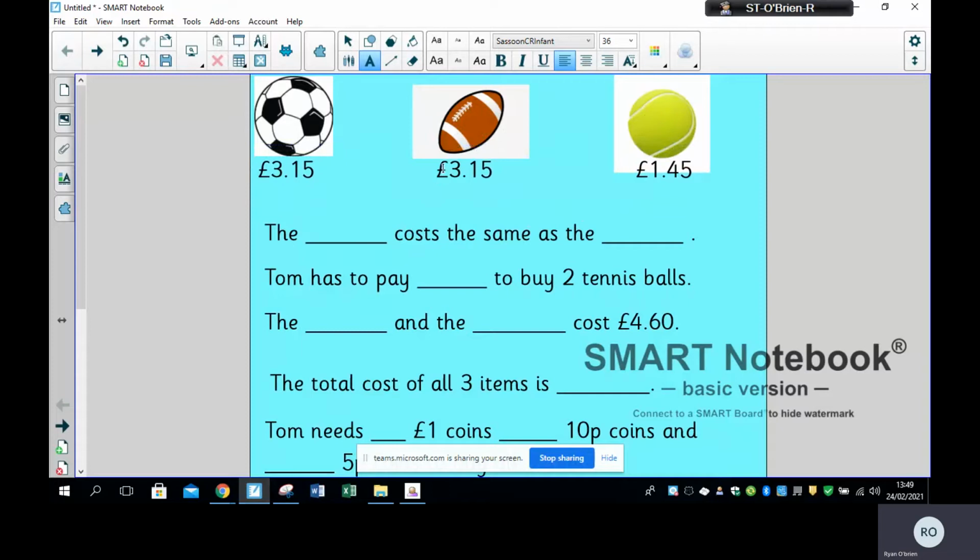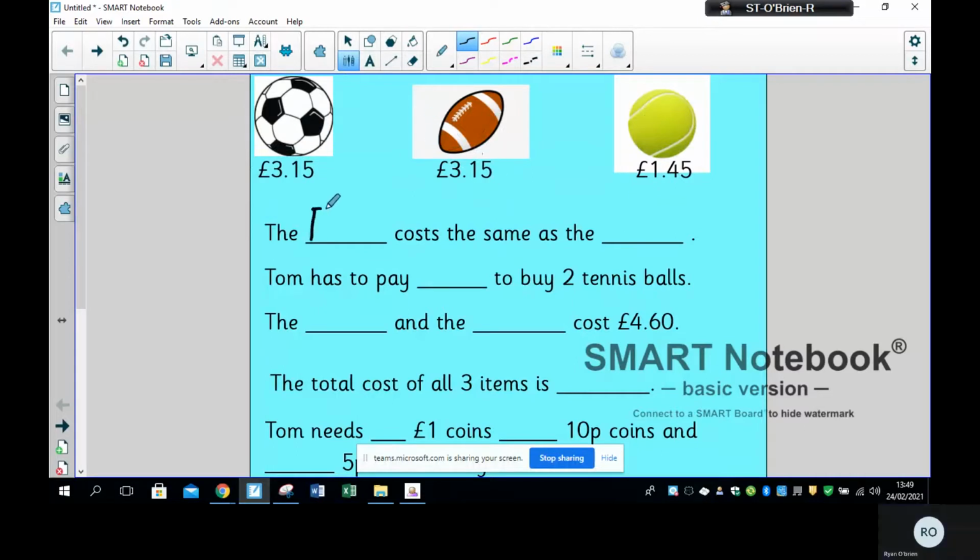We'll say it's a rugby ball. The rugby ball, the American football, costs £3.15. And the tennis ball costs £1.45. The first word problem is: which two cost the same? Well, this is quite easy, isn't it? The football and the rugby ball both cost £3.15.